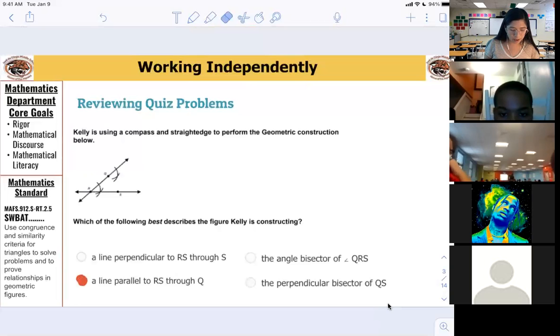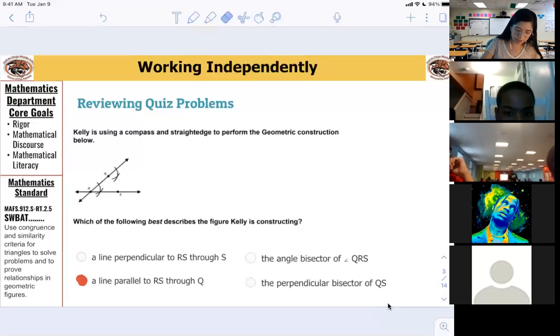Were there any answer choices that you could definitely get rid of? Which ones could I get rid of? Could it be a perpendicular line through RS to S? Yeah, and then Emily said perpendicular bisector.